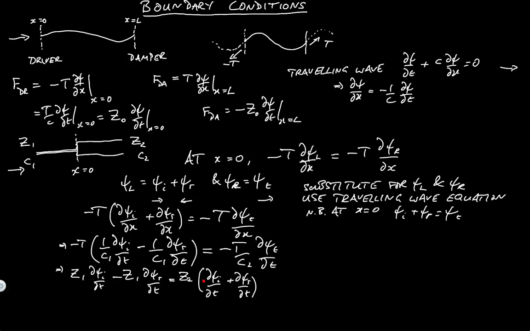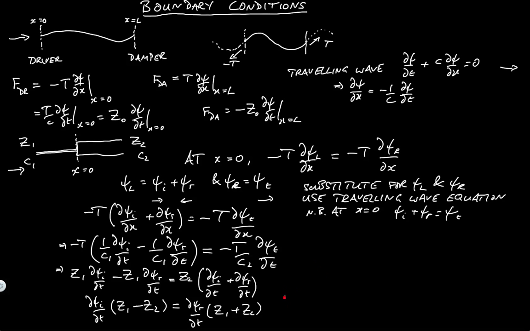Now, if we multiply out and rearrange, what you find is that you end up with d psi I by dt multiplying z1 minus z2 is equal to d psi r by dt multiplying z1 plus z2.